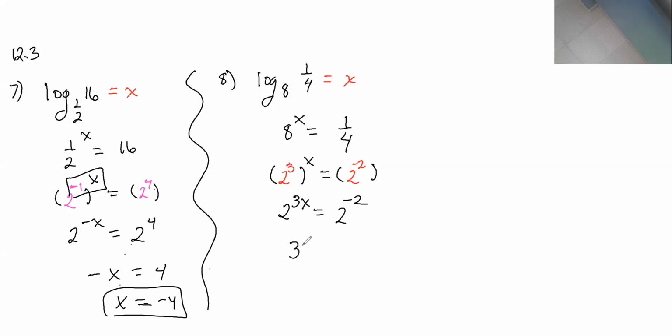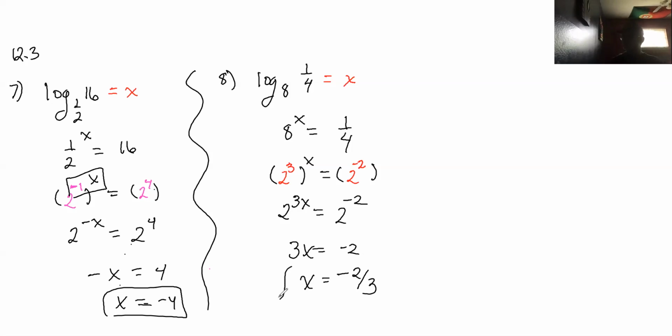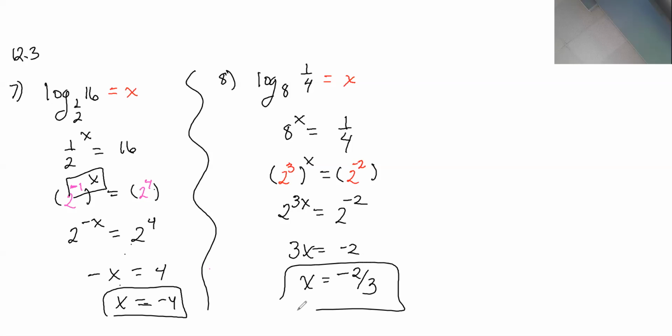I can drop my bases. 3x equals -2. Divide, what does that give you? Negative 2/3. Make sense? All right, and the last one I have is 16. Any questions here before I clear it?